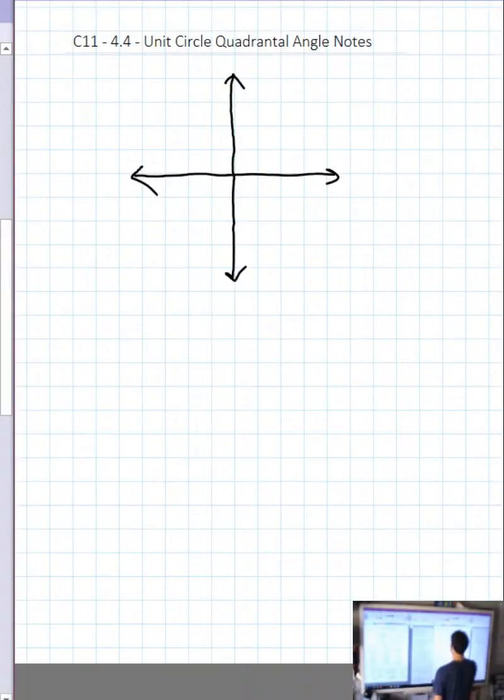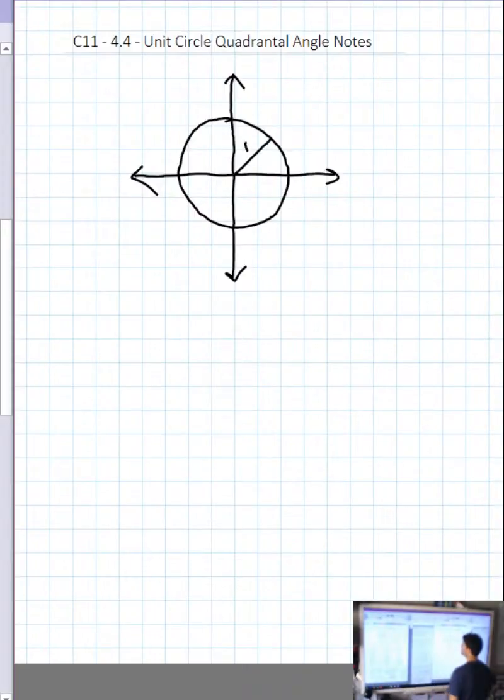So I'm just going to draw a circle, hopefully with a similar radius. And I'm going to put the radius of 1 right here. I mean, it's everywhere. It's here, and it's here, etc. And I'm going to mark 0 and pi like I always do, and 2 pi. And straight up would be pi over 2.